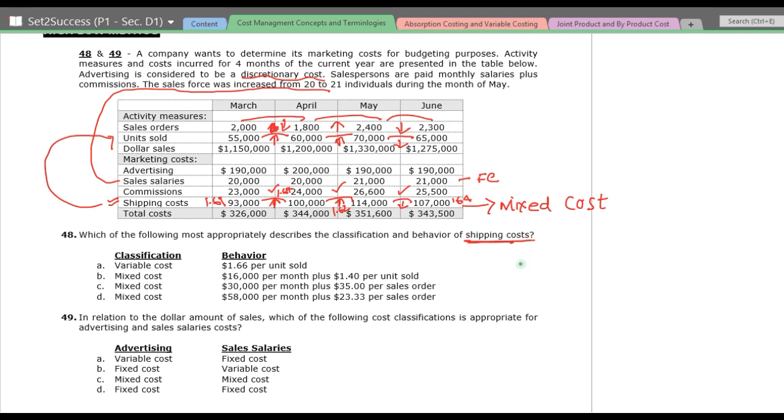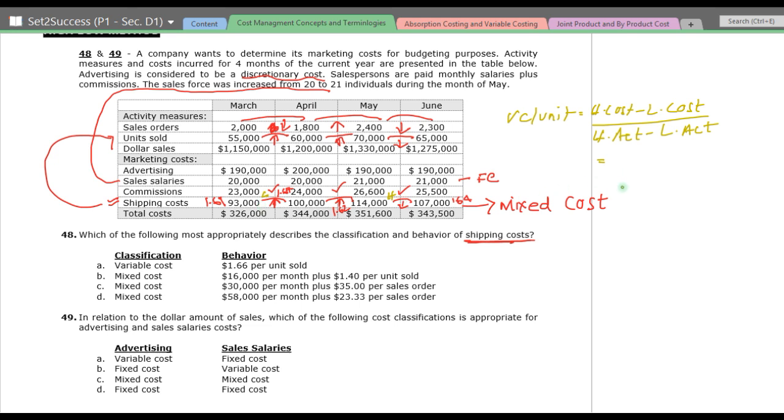So variable cost per unit will be highest cost minus lowest cost, divided by highest activity minus lowest activity. The highest cost is 114,000 and the lowest cost is 93,000.